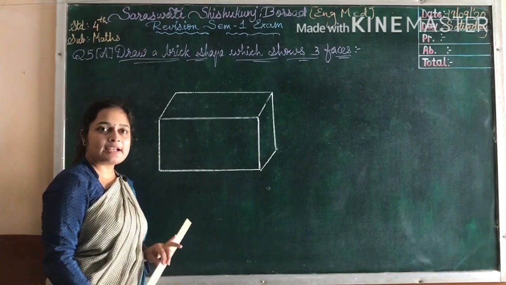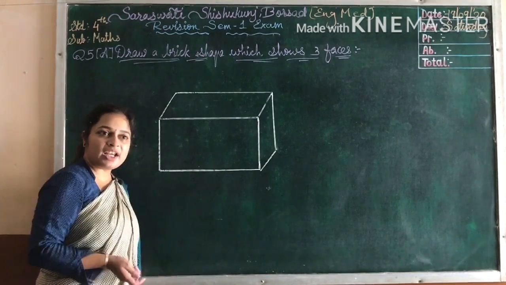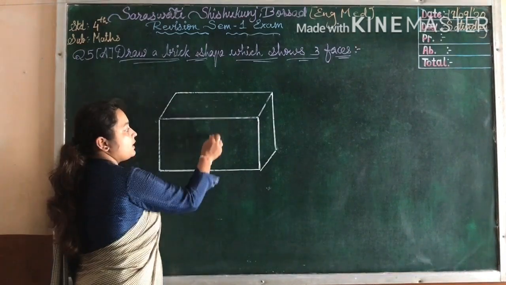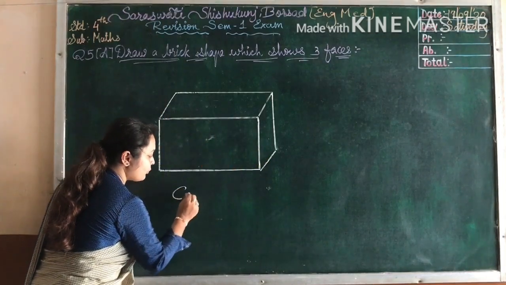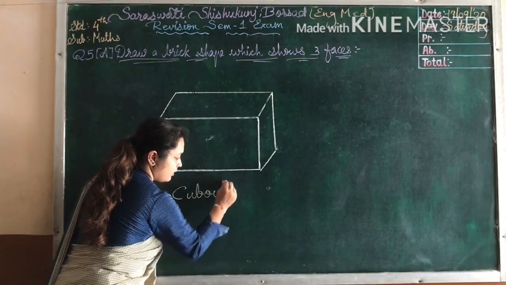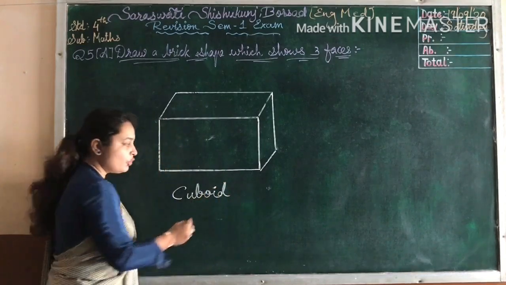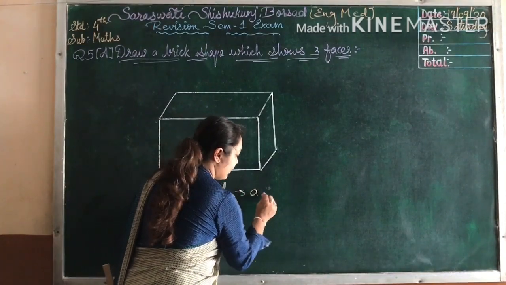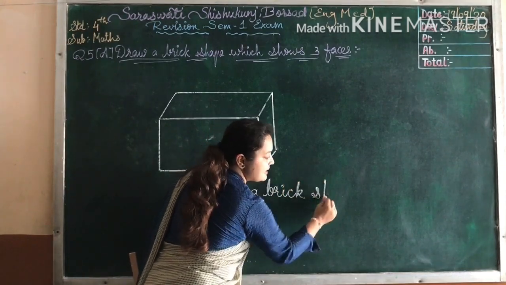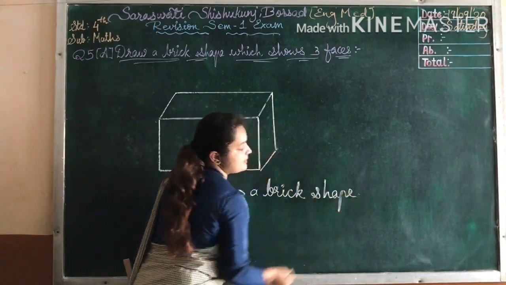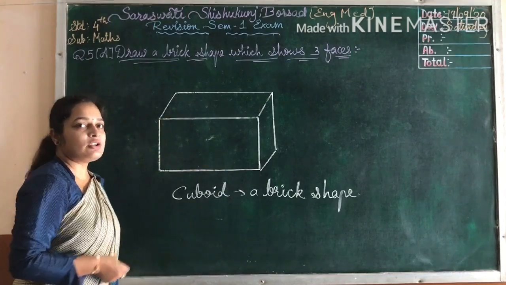Now you can find it a brick shape with 3 faces, 1, 2 and 3, and it is called cuboid. It is called cuboid, a brick shape. Brick is an example of cuboid, remember this. Okay, just take a look.